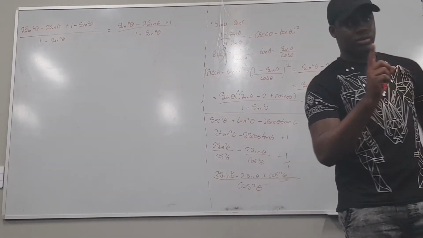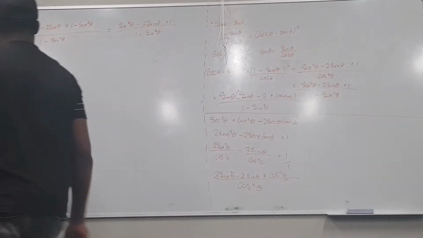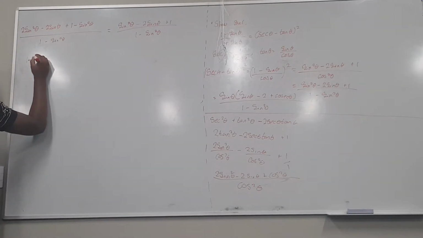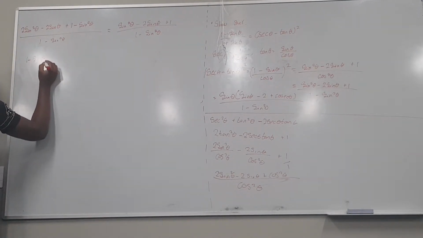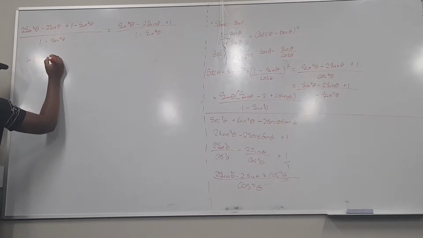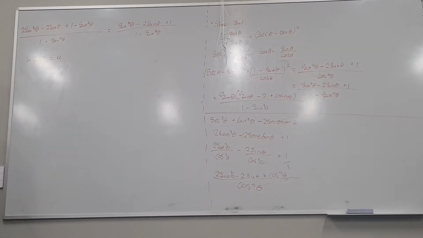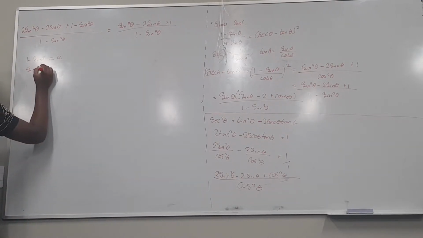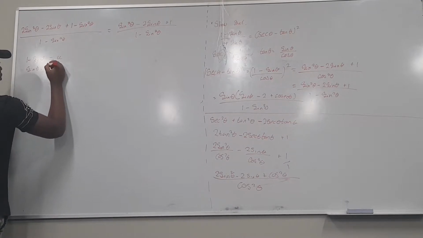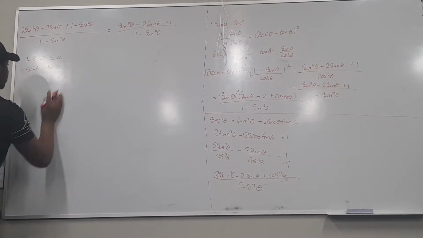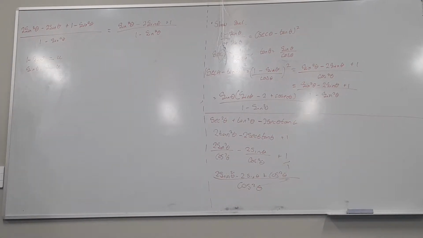One thing I know I can do is assign a variable. I can say that 1 minus sine theta is equal to u. And if that's the case, sine theta is equal to 1 minus u. Right? So that's true.